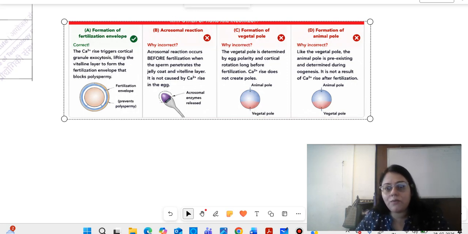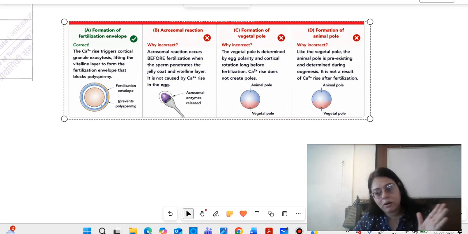Next, formation of the vegetal pole is determined by the polarity of the ovum or egg and cortical rotation long before fertilization. Even when sperm are not present, it is related to the structure of the ovum during its formation, so it is not related to the fertilization process.